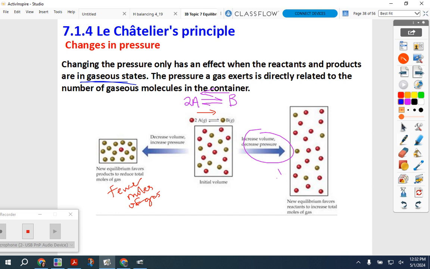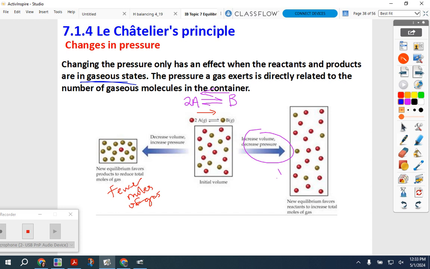Okay. If we increase the pressure, that's going to increase the concentration. It's going to make all of the particles closer together. And so the system is going to react to that by trying to free up space. And it's going to free up space by moving to the side where there are fewer moles of gas.